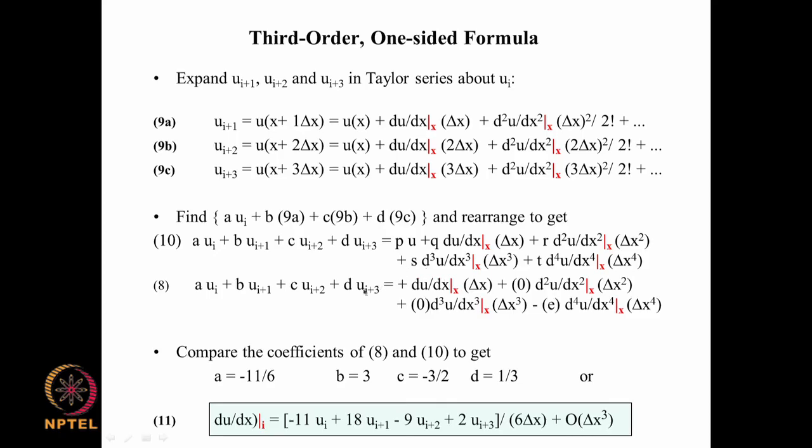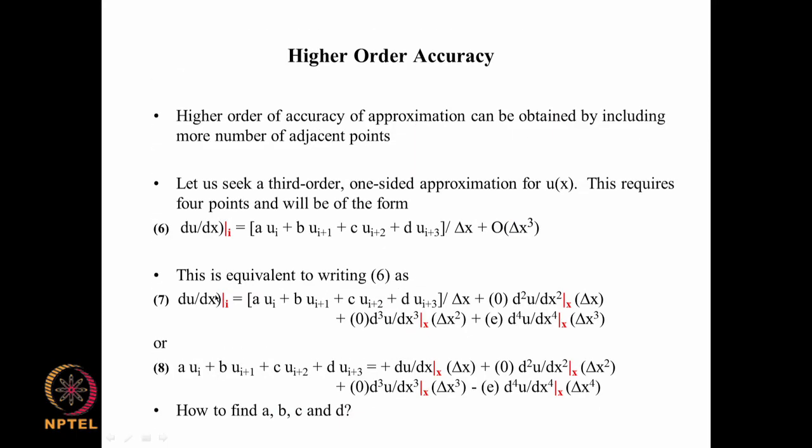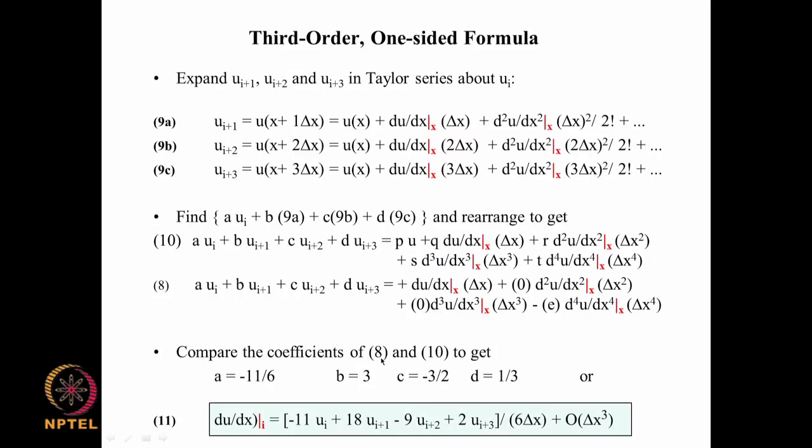And now we compare this equation with the equivalent expression, equation 8, that we said is equivalent to this approximation here with 0 coefficients here. And so from this we can say that p is equal to 1. So that is a plus b plus c plus d is equal to 1, and b plus 2c plus 3d equal to 0, and this will be square here.